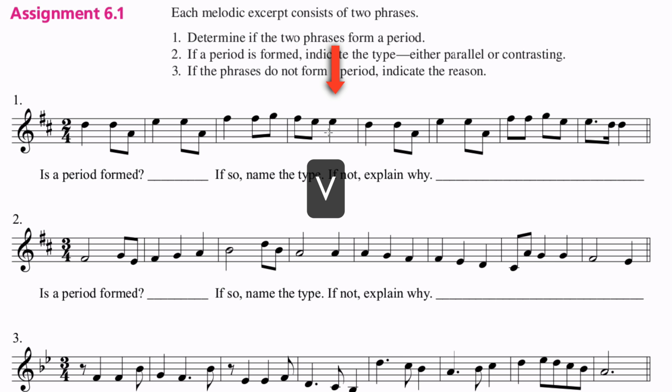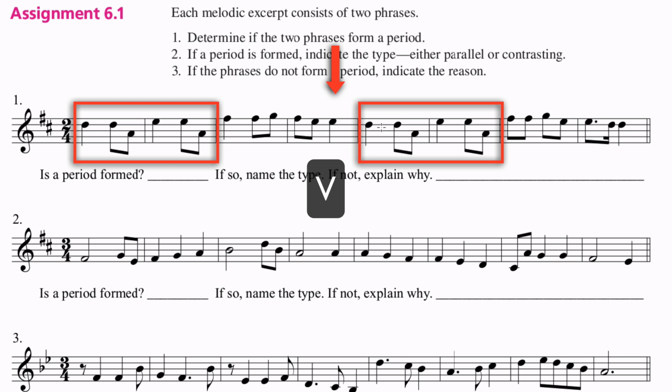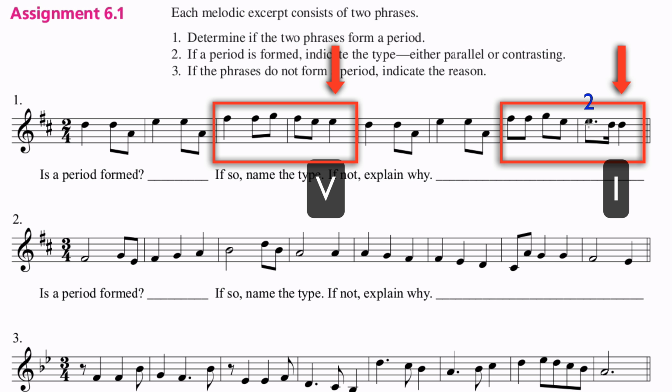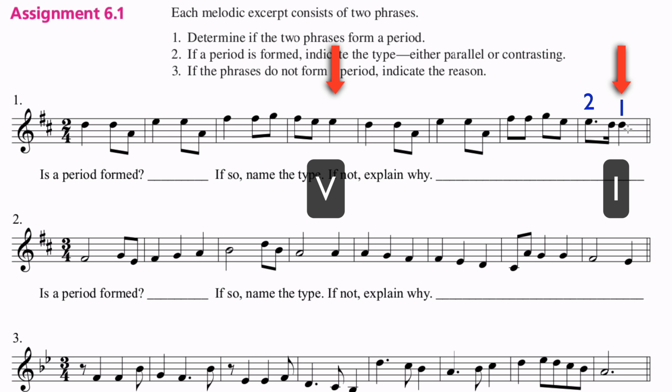Let's see if the next phrase does something different. So it starts out the same. But at the very end, it ends with the second scale degree 2 going down to D, 1. So it ends on tonic. Well, if it ends on tonic, there are a couple possible chords. It could be like the 6 chord, for instance, because the 6 chord is B, D, F sharp.